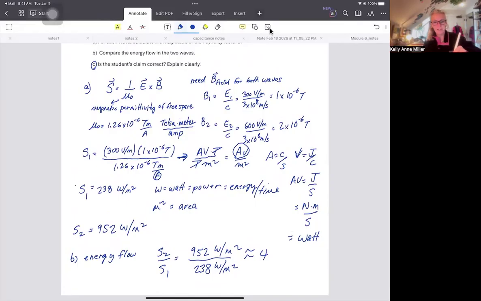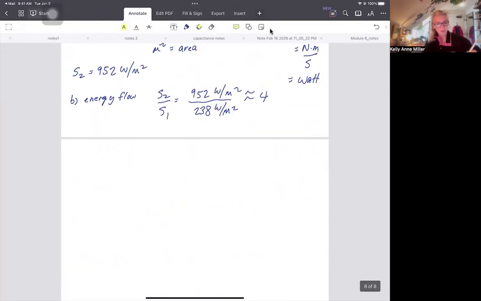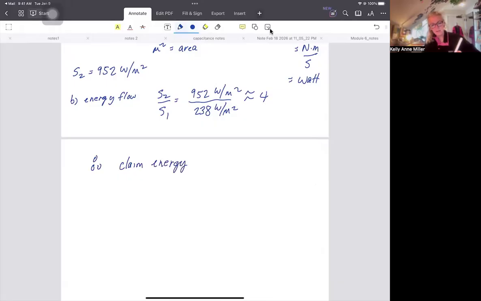Let me just insert a page. Therefore, the claim that the energy doubles is incorrect. The energy actually quadruples.